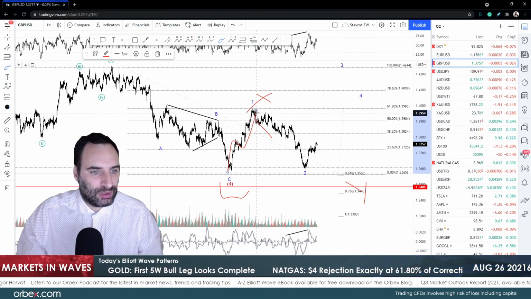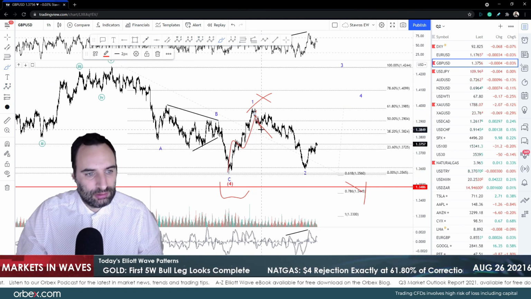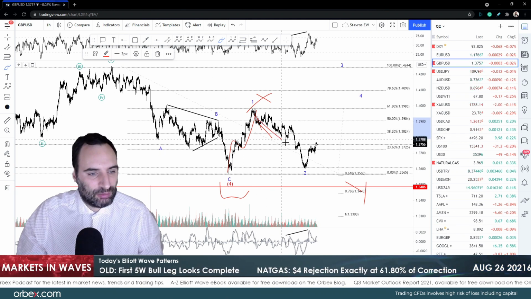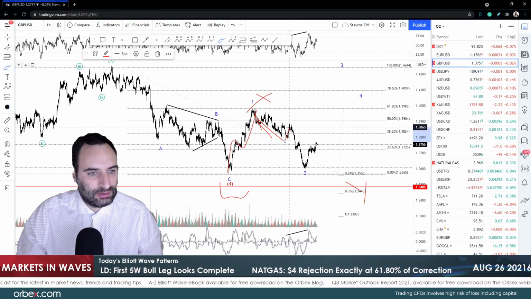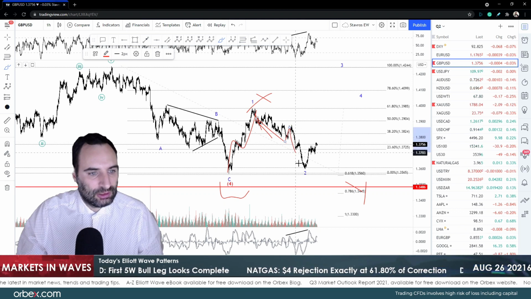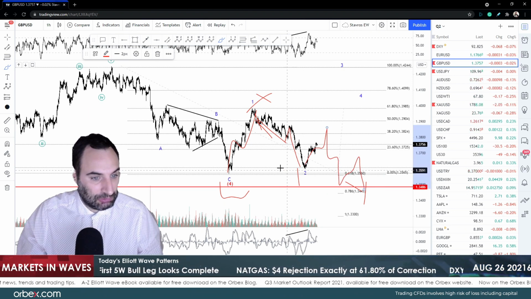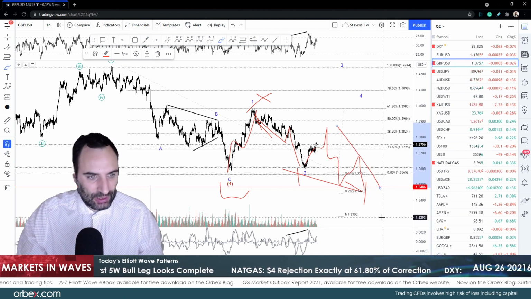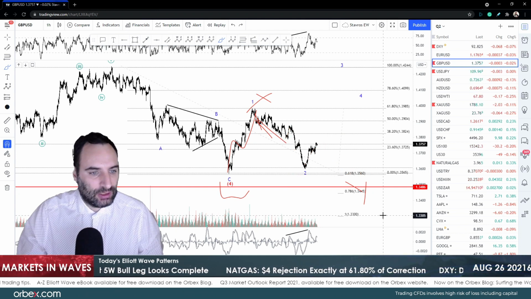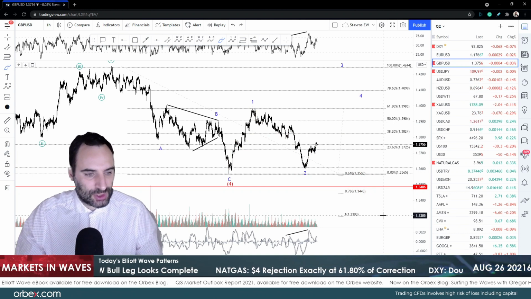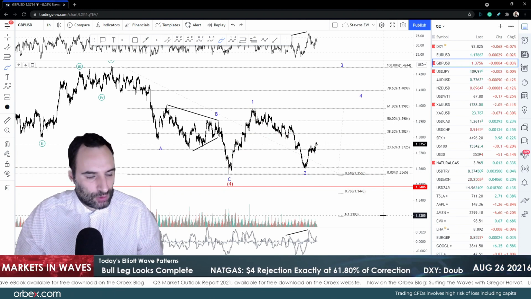If this is an ABC, then probably that would be maybe a diagonal. Who knows? But anyway, it remains to be seen. Data keep coming in every day, so we have to adjust based on what we see.